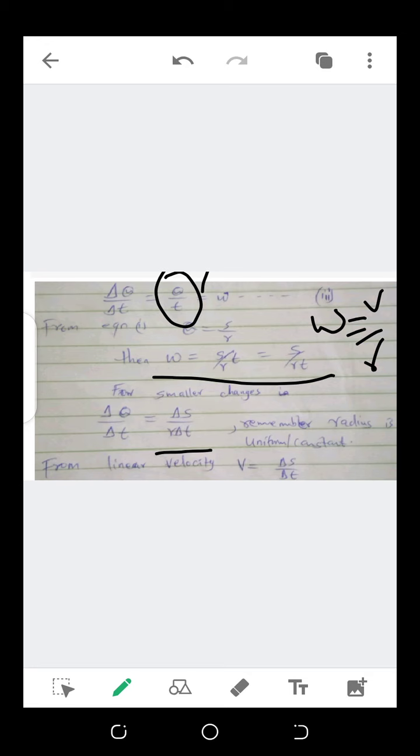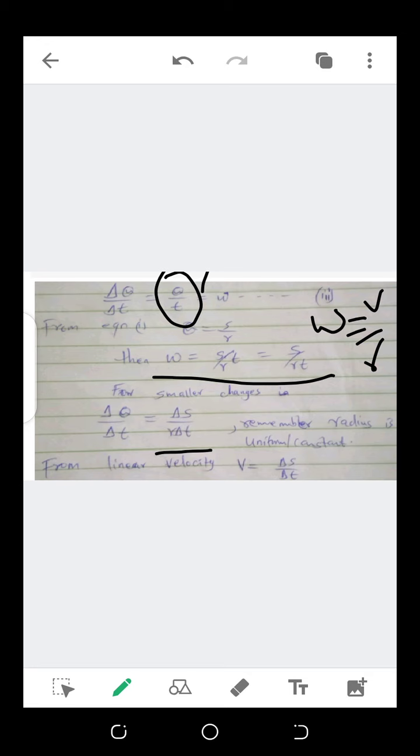Now in this case, I'm representing omega in two ways. In case you are not given the angle in radians, then it means that you are going to use the linear velocity. If you have the radius, then you get omega. So there are two ways to get omega, the angular velocity.